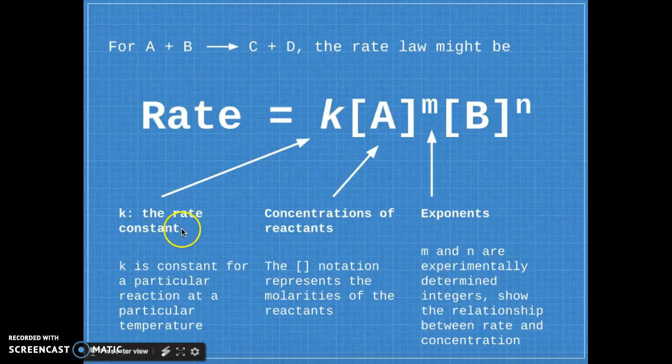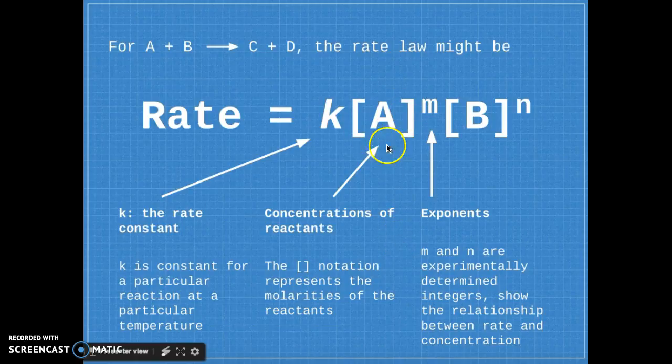So this lowercase k is called the rate constant. And as you can see here, it's constant for a particular reaction at a particular temperature. We're never going to have to calculate this. For our purposes, we're just going to always write a k into our rate laws. Then this bracket notation represents the concentration of, and that would be concentration measured in molarity.